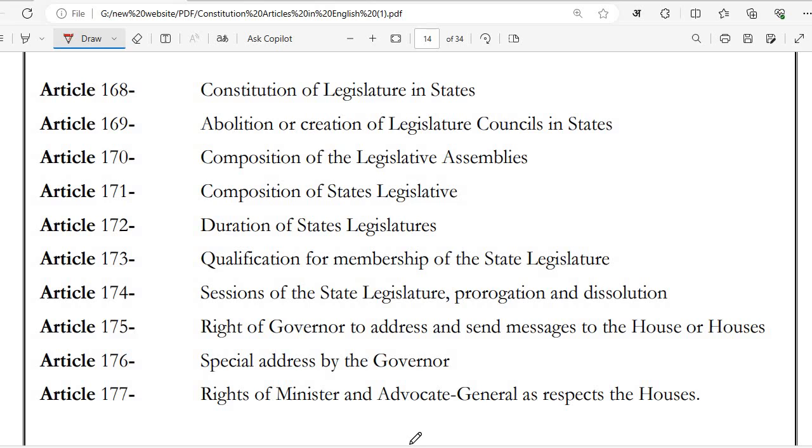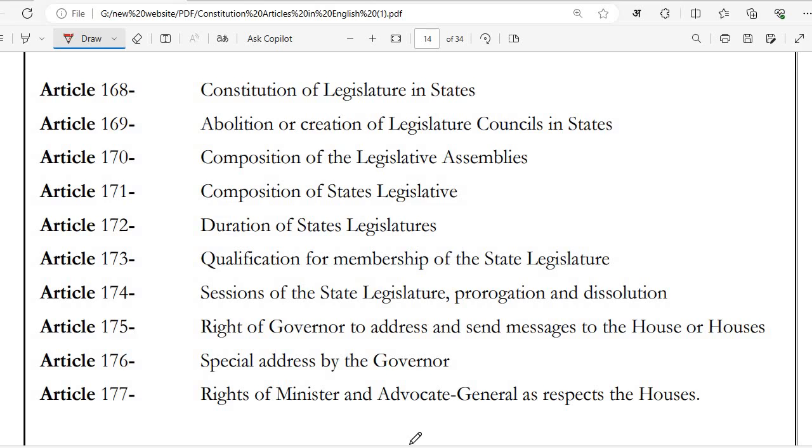Article 170 makes provision about the Legislative Assembly, the lower house, first house of the state legislature. 171, composition of state legislative council, the second house, the upper house, and this is absolutely same as we have discussed. The Rajya Sabha is a permanent house never dissolved, while the Legislative Assembly is dissolved by the Governor after every 5 years.